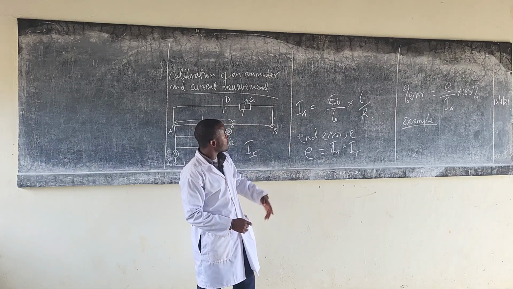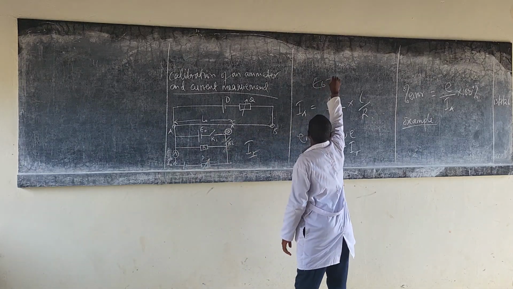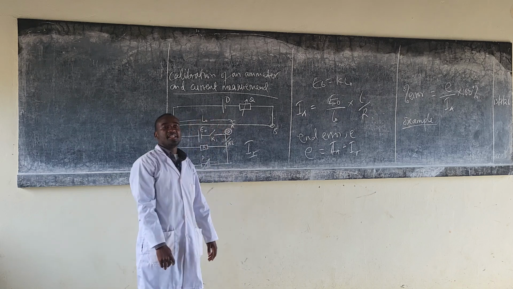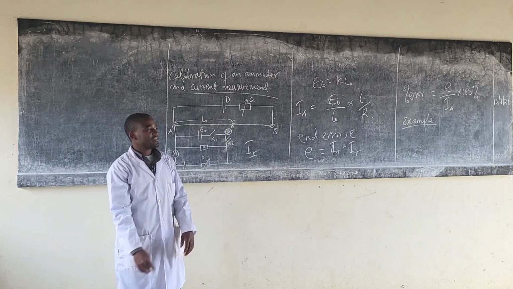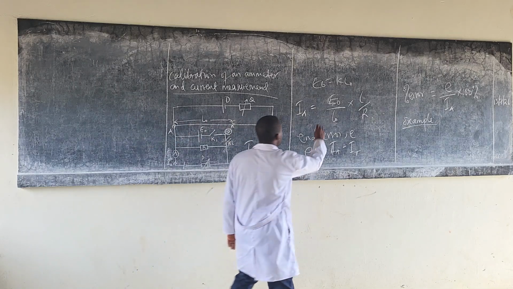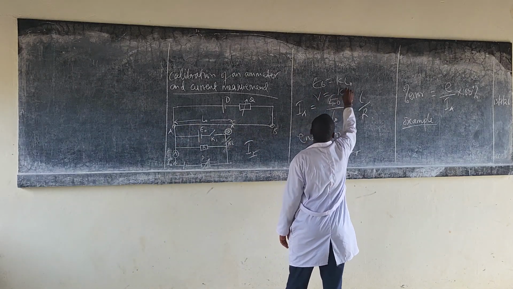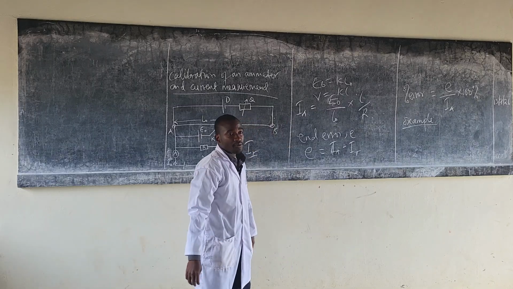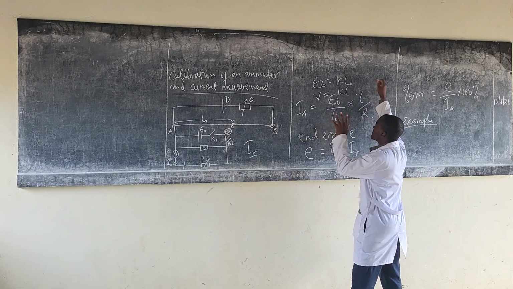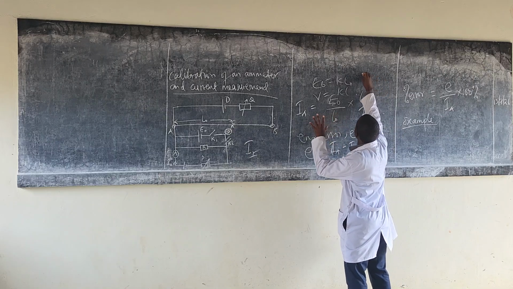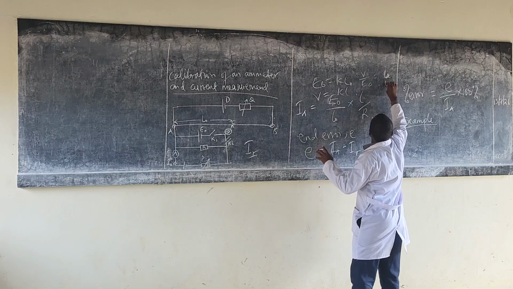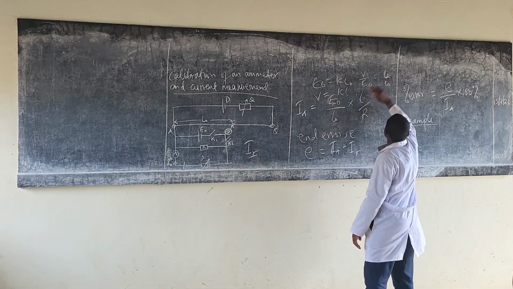But it is generated from the balance length. E naught equals K L naught, where K is PD per centimeter, and of course the first place you had that, the second place you will have V equals KL, right? When you divide the two, you will have V over E naught equals L over L naught, isn't it?